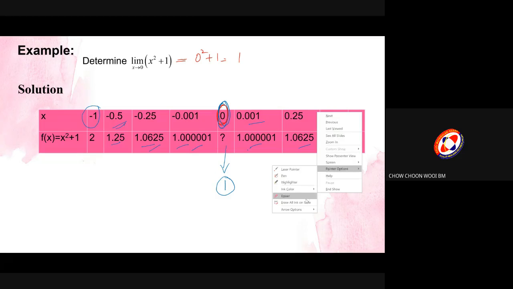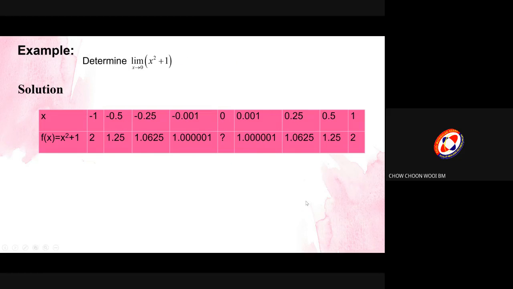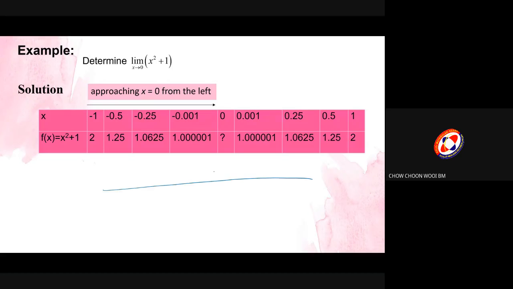Makin menghampiri 1. So this one, we say that this side of limit, we call it limit as x approaching x equals to 0 from the left, dari kiri. Because according to number line, if this is kosong, this is negative 1, okay, dia dari kiri.